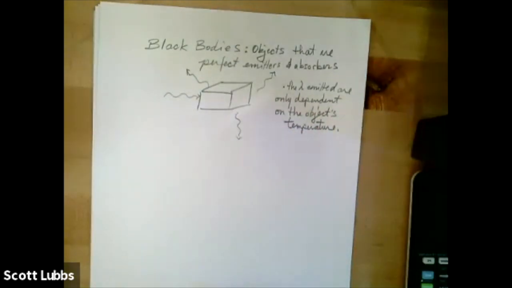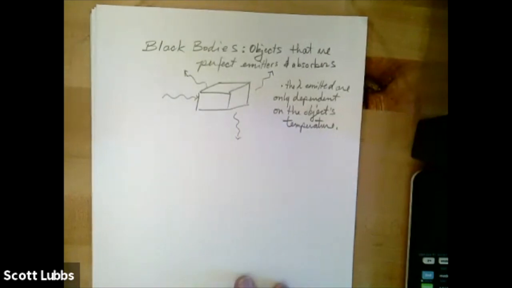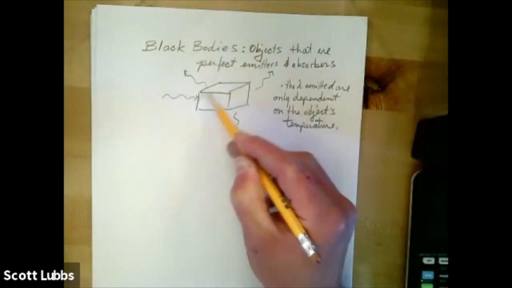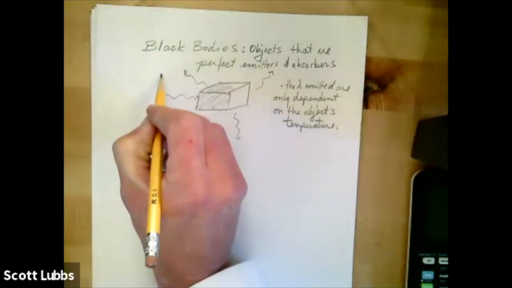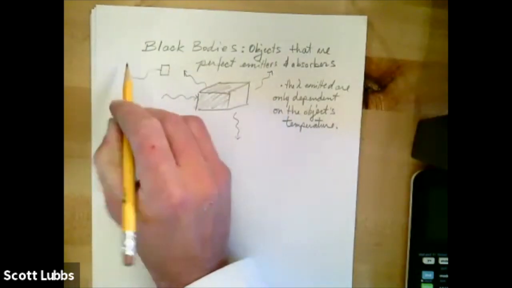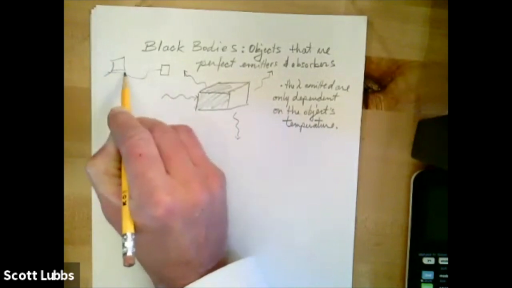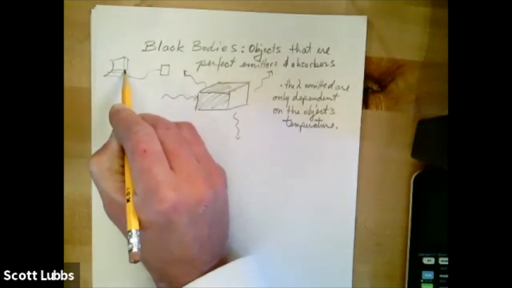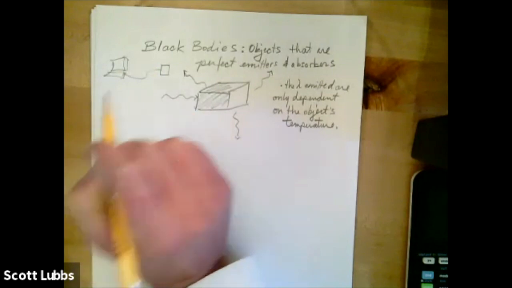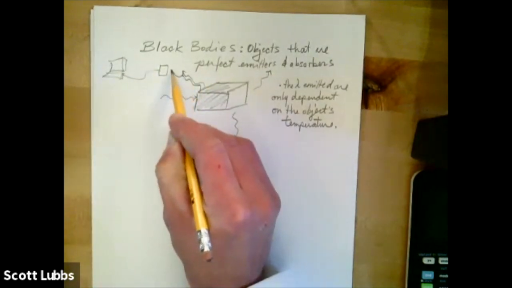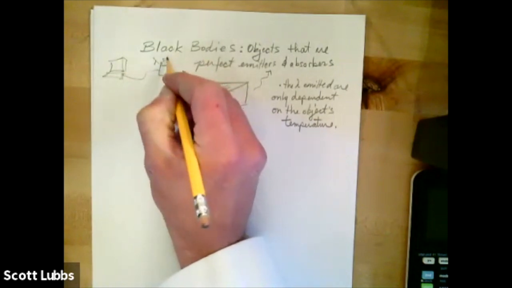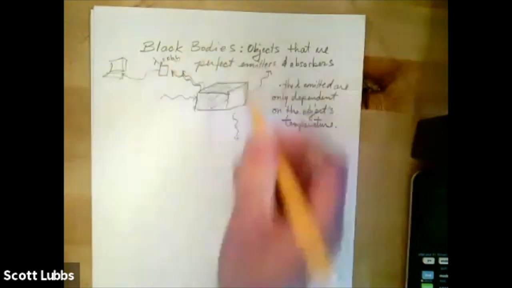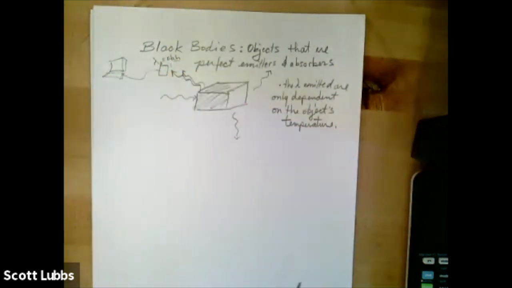All right. So what does that mean? That means if I have my little detector here that's connected to a computer, and I can figure out what this wavelength is, wavelength from the object is blah, I immediately know what the temperature is.